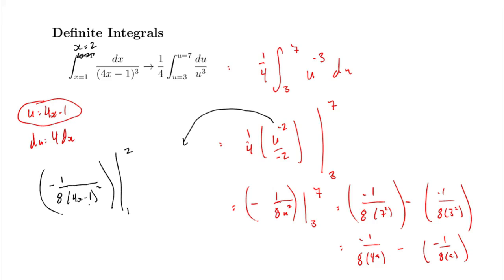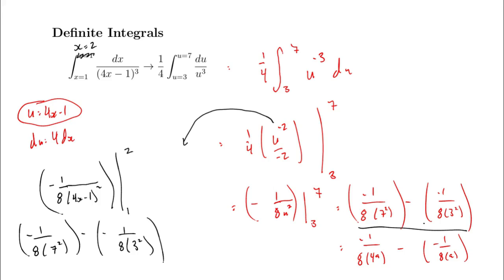And now you'll notice when you put 2 in place, you have negative 1 over 8 times 4 times 2 minus 1. There's 7 squared minus negative 1 over 8 times 4 times 1 minus 1. That's 3 squared. So notice it's the exact same thing. You just don't have to translate back to x if you take those limits of integration over.